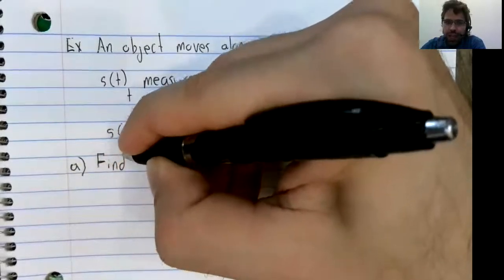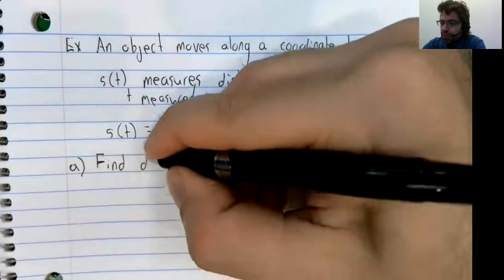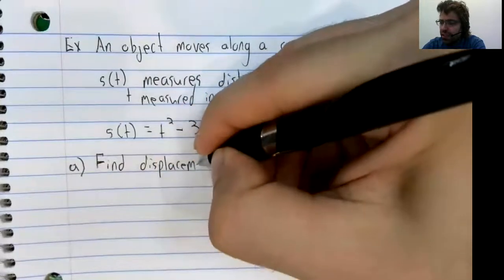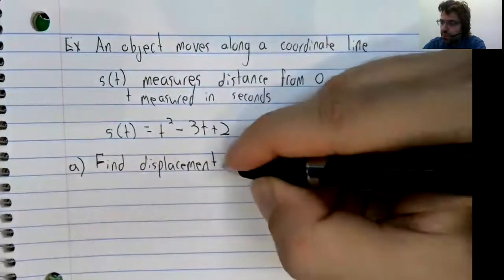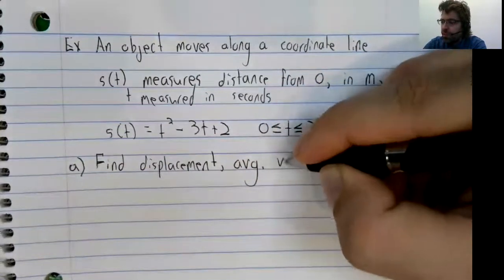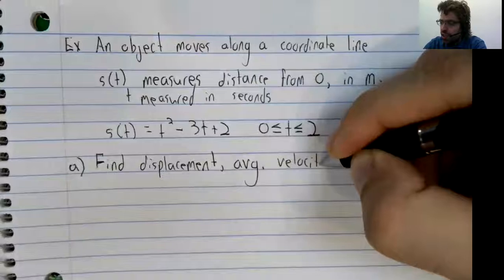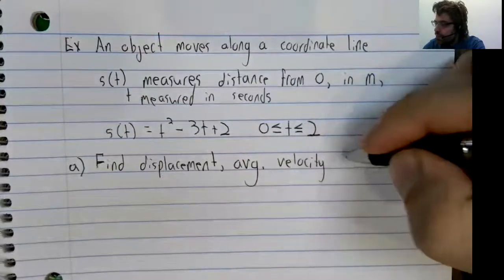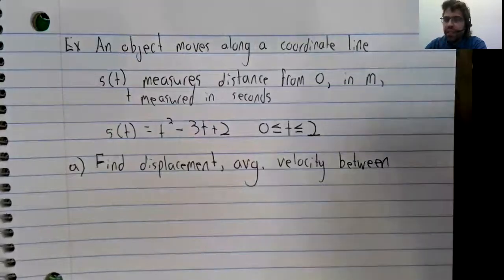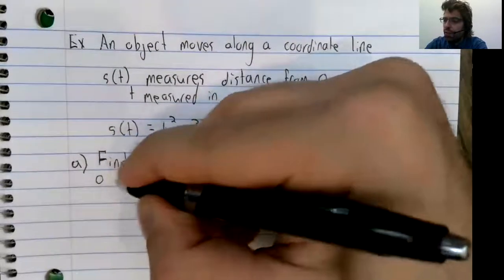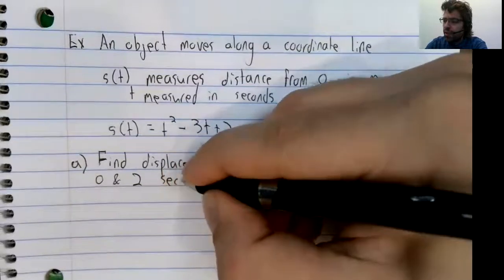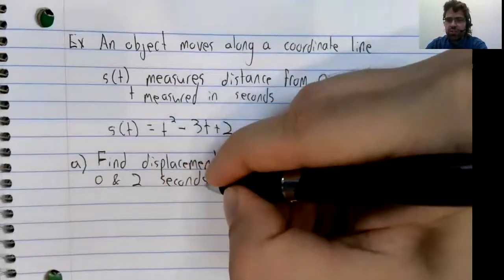So part A will be to find the body's displacement and average velocity between 0 and 2 seconds.